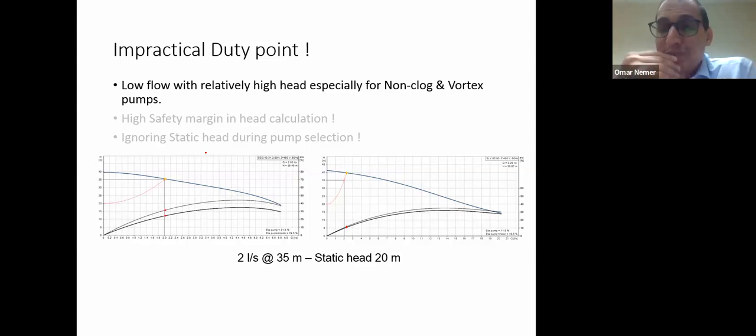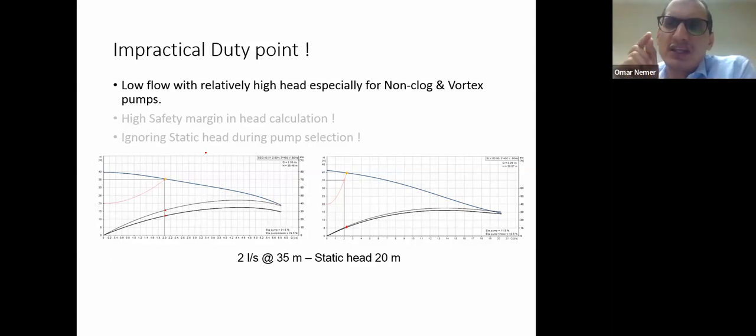Now, sometimes the actual efficiency becomes lower than we expected, and that could be because of an impractical duty point. What do I mean by impractical? The biggest challenge for submersible pumps is always how to increase the head, not the flow.